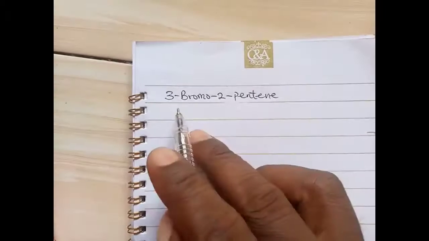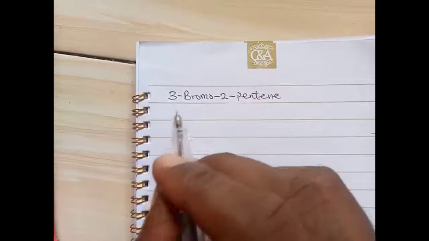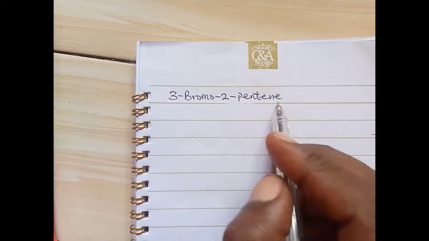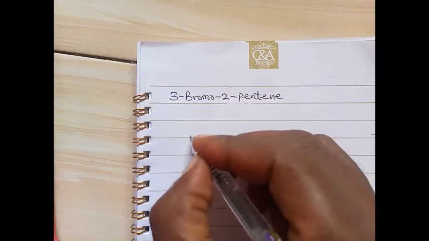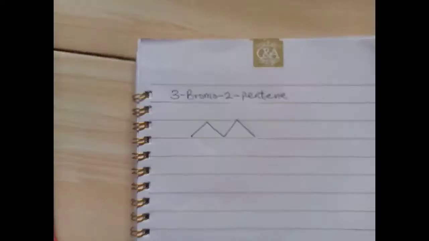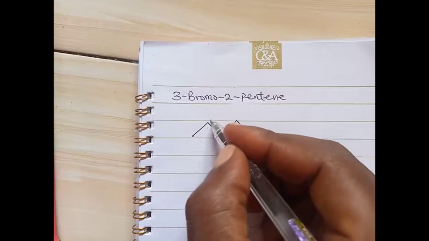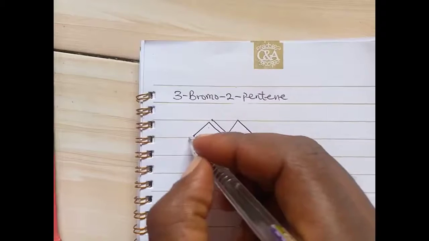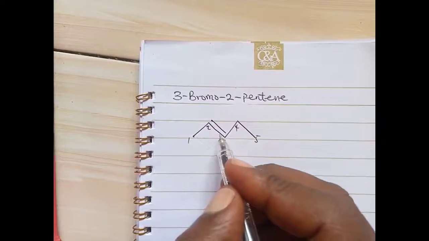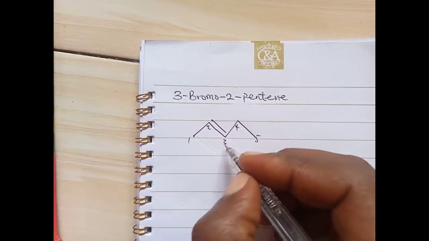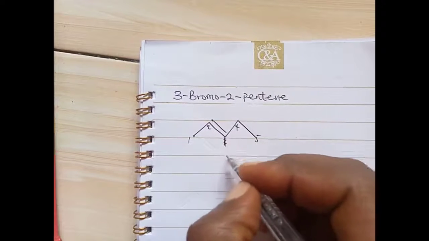Now, in this situation, we're given a name to actually draw the molecule. 3-bromo-2-pentene. Now, this is the parent, pentene, so 5 carbon atoms. So 2-pentene means that the second carbon atom, that is where the double bond comes. If we're numbering from here, 1, 2, 3, 4, 5, at the second carbon atom, that is where the double bond is, and 3-bromo means at this carbon we have bromo.